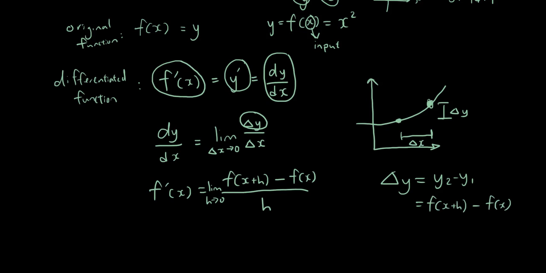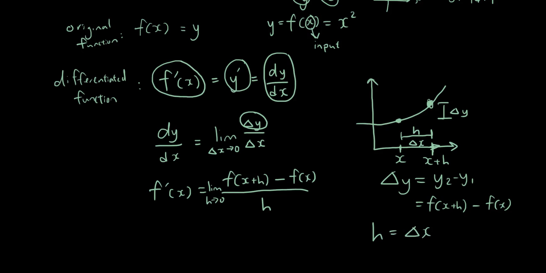Right? If we call the first point x and the second point x plus h, and we call this change in x, we rename that. Actually, I'll just write it on the top. If this part was h, so basically h is the same thing as change in x.